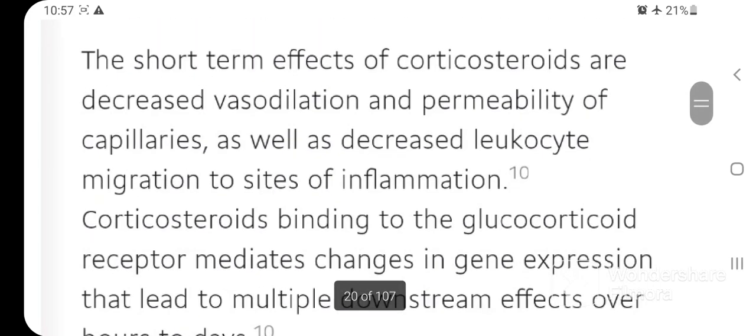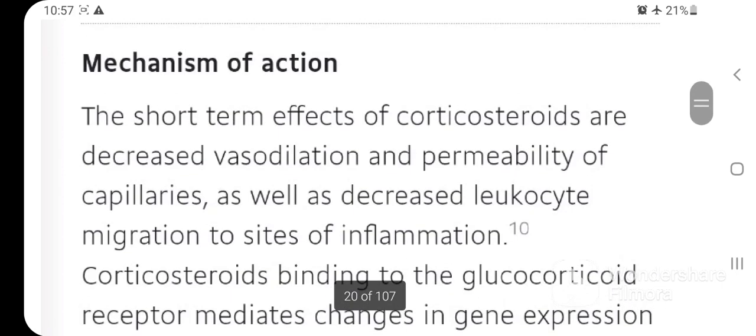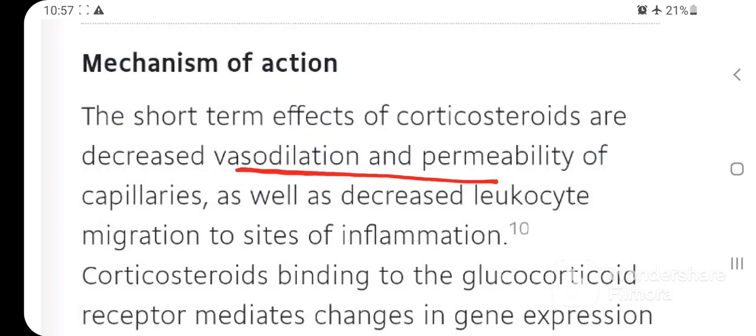Next one is the mechanism of action. The short-term effects of corticosteroids are decreased vasodilation and permeability of the capillaries, as well as decreased leukocyte migration to sites of inflammation. These steroids inhibit leukocyte migration to the inflammation.